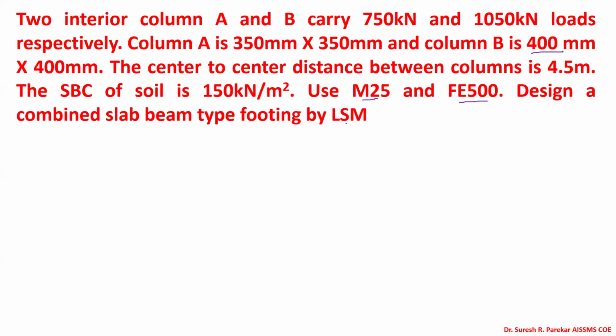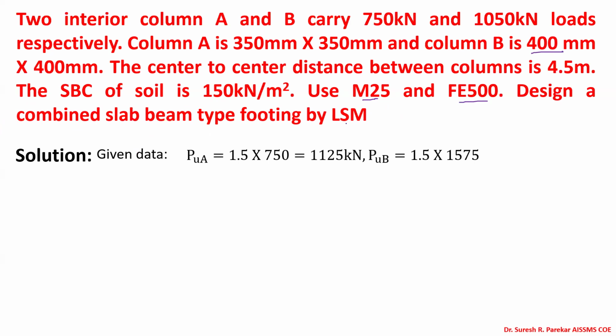First, the given data. Pu for A is 1.5 into 750, that is 1125, and for B it is 1.5 into 1050, which is equal to 1575 kilonewton.